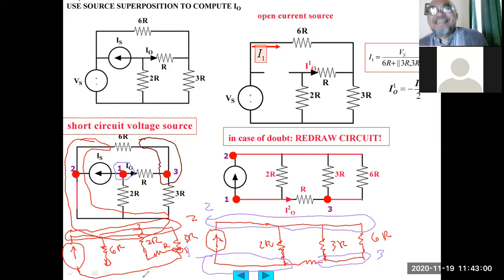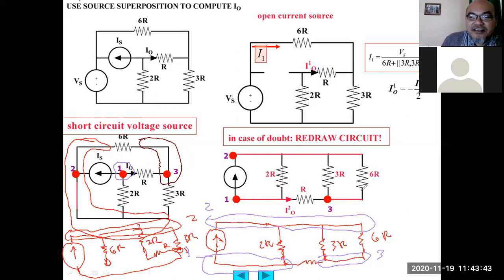Getting confused, huh? But that's why making the correct sequence like this is important, so that when you check again, this one should be the same as this one. Node 1 connects between the bottom part of the current source, with one part to R, and the other part to 2R. The other end of 2R is connected to node 2, which is also connected to 3R and 6R.